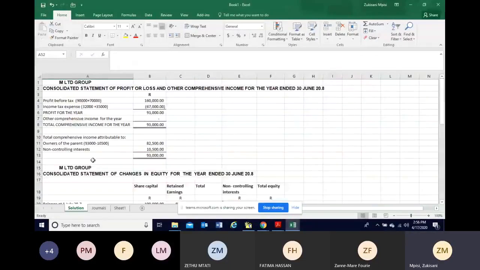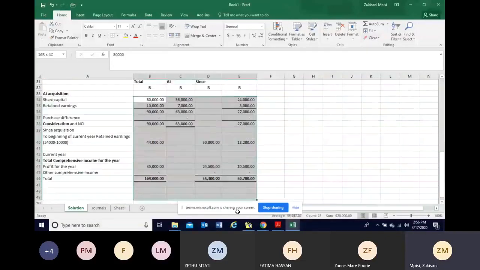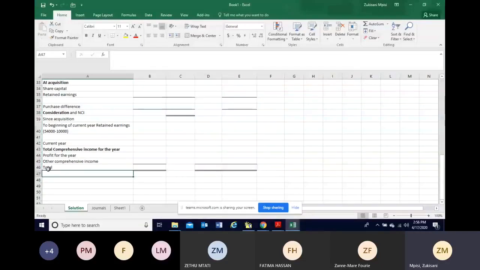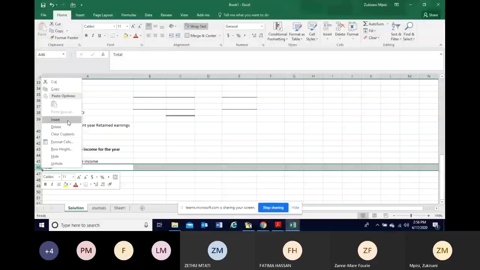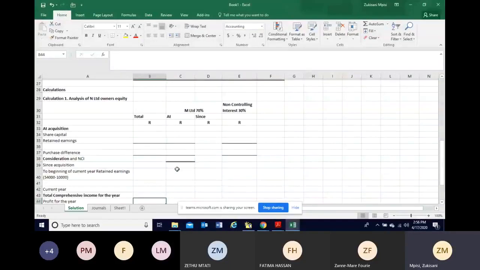Right. Only thing that I'm going to do here, I'm just going to remove the amounts. We're just going to deal with this one. Yes. Let's see how far we can get.